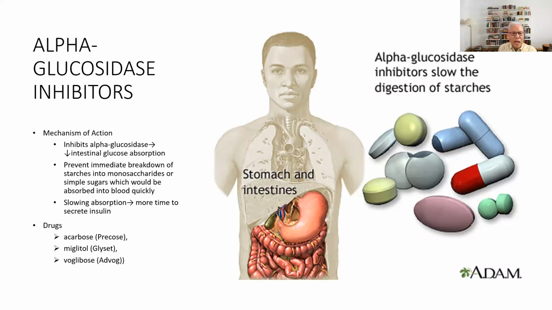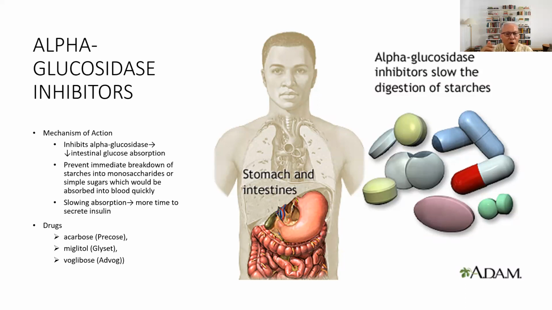So notice now that it works in the gut because the drugs prevent the immediate breakdown of starch into a simple sugar like a monosaccharide that usually is going to be absorbed into the bloodstream quickly.